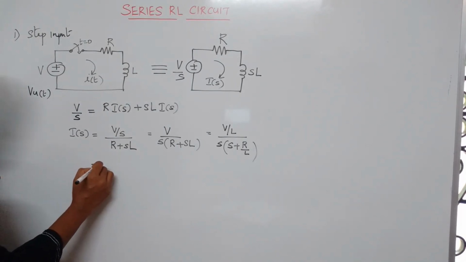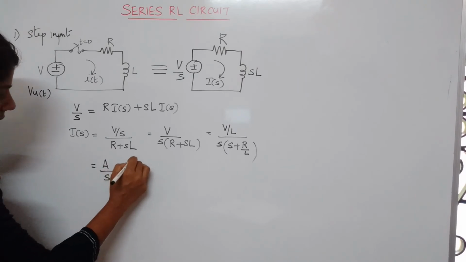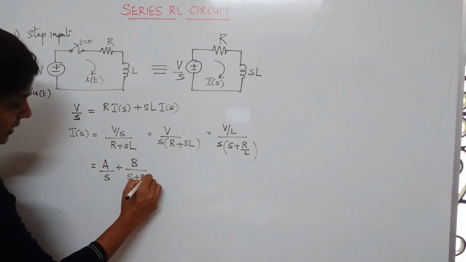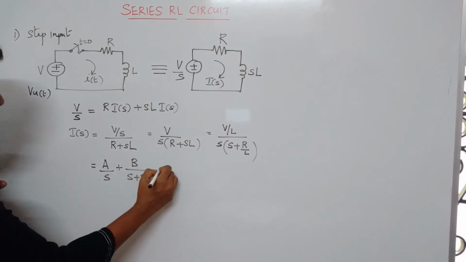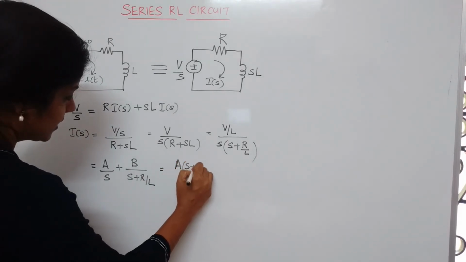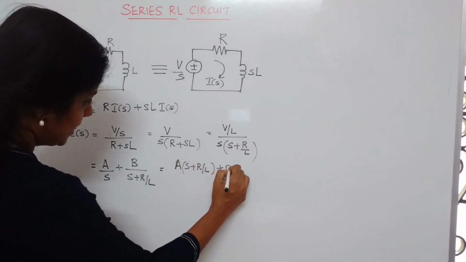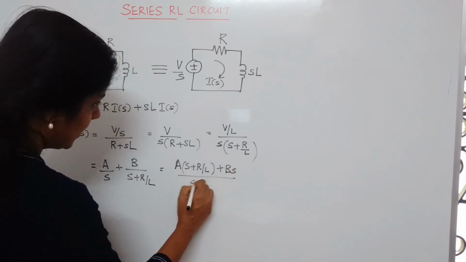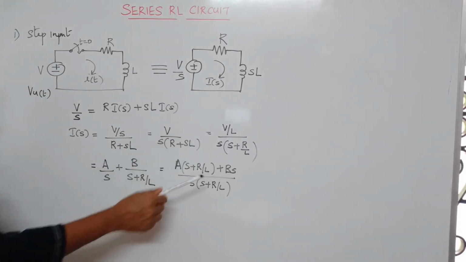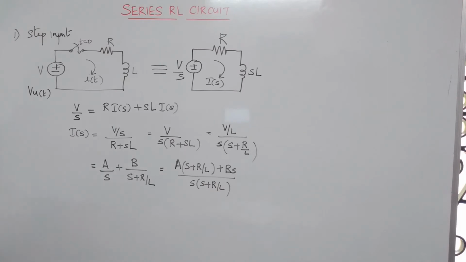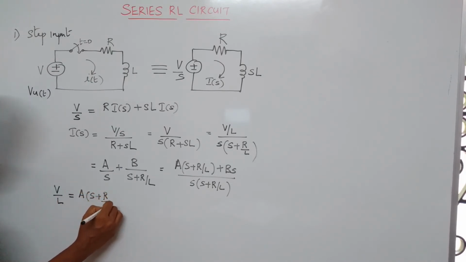Now we can perform partial fractions, that is A by S plus B by S plus R by L. Now this can be written as A into S plus R by L plus BS divided by S into S plus R by L. You can equate the numerators and find out the values of A and B. V by L equal to A into S plus R by L plus BS.